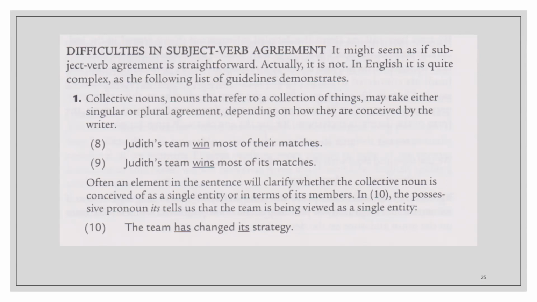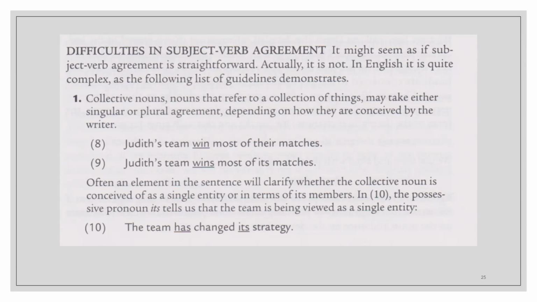Half the people would say it's plural because it's a group of people, it's they. And about half of the people, including myself, always conceptualize team as a singular unit. But it's almost 50-50, okay? And it might change depending on the context.